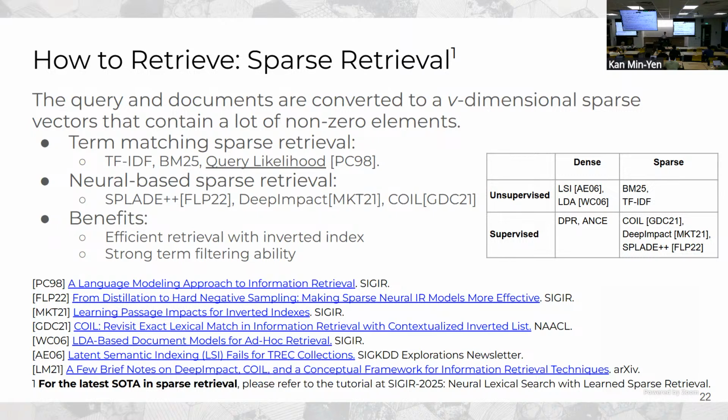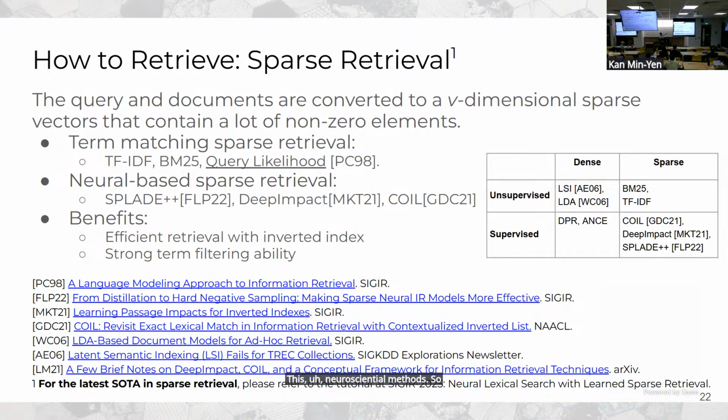Maybe some of you are familiar with the listed models, such as the very traditional TF-IDF and BM25. They are also sparse retrieval methods. For the later category, neural-based sparse retrieval, maybe some of you are familiar with them, like SPLADE or DeepImpact. These are neural sparse retrieval methods.